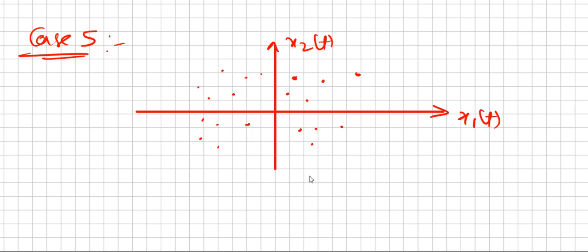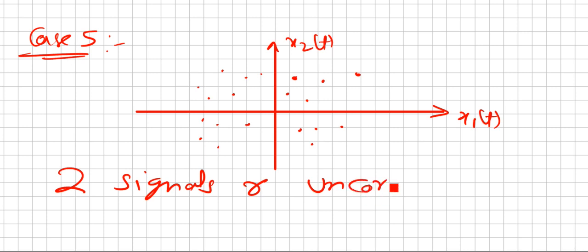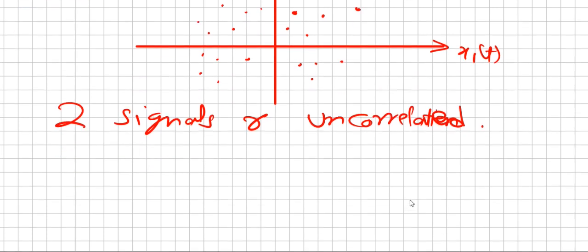If I get such type of correlogram, I cannot join these points with some smooth graph or with some linear graph, that means that graph is not proper in shape. Then in such case the two signals are uncorrelated. That means there is no specific relationship between the two signals.